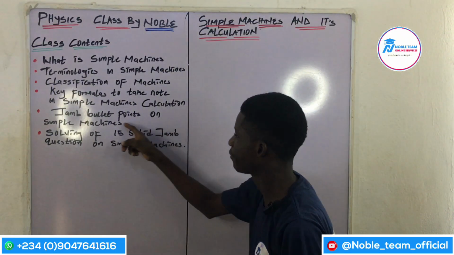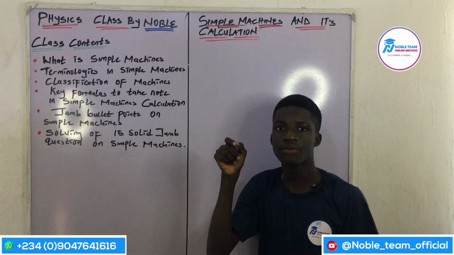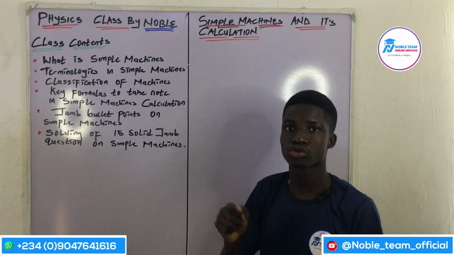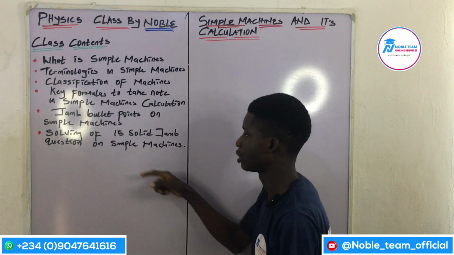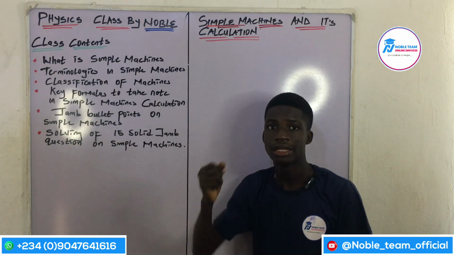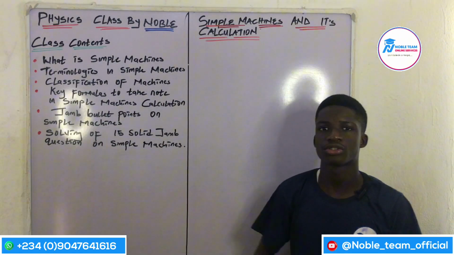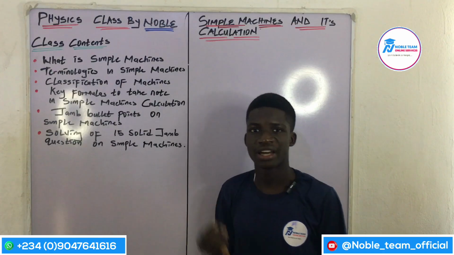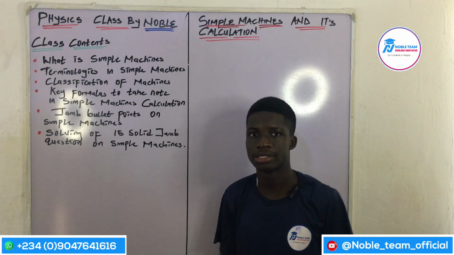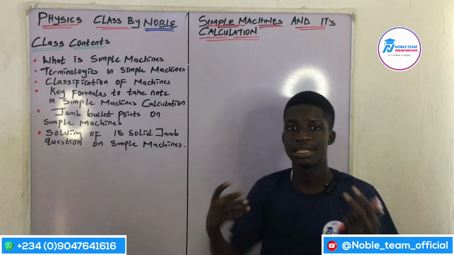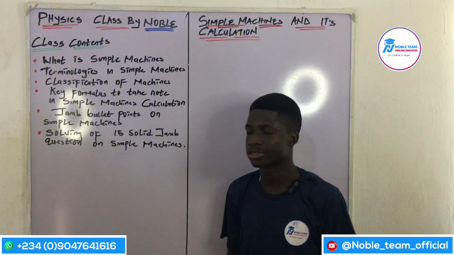In this particular 15 solid JAMB pass questions, I'll give you 5 as an assignment. You solve it and drop it in the comment box, and we are going to be solving 10 solid questions now in class. So all you have to do is just to follow me closely, and I'll advise you to make use of either your earpiece, your headset, or your earpod to avoid distractions.